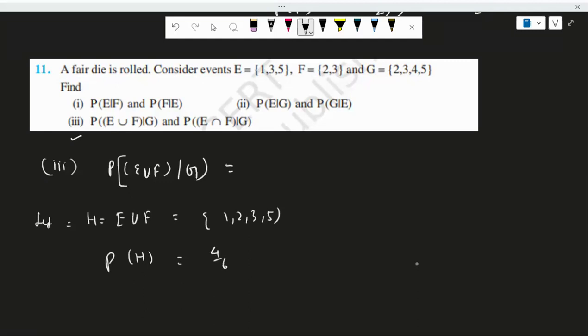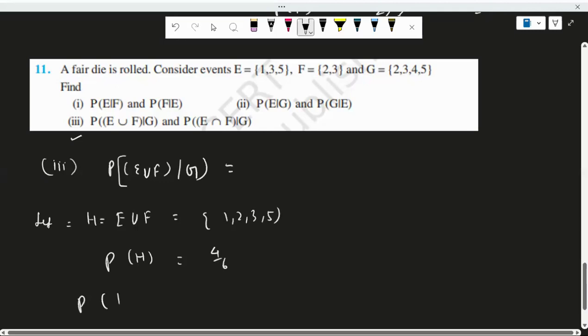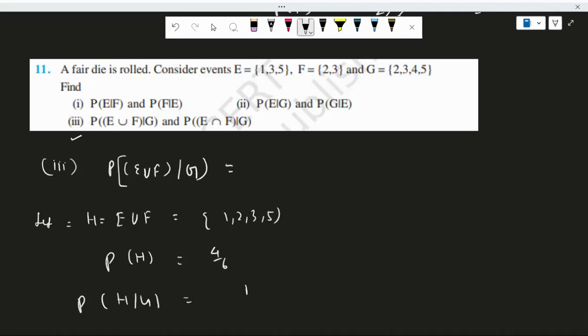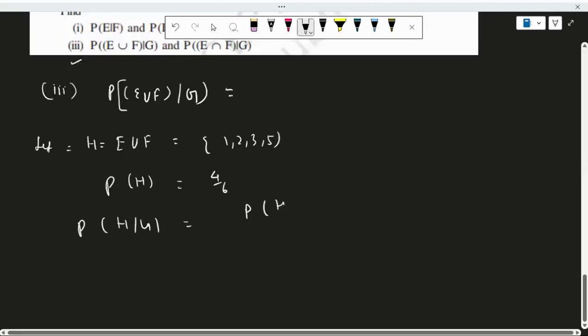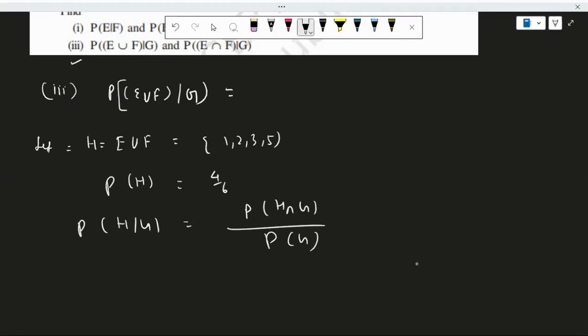So if we consider E union F as H, then it will be P(H|G). Now what will be the formula to get it? It will be P(H intersection G) over P(G).